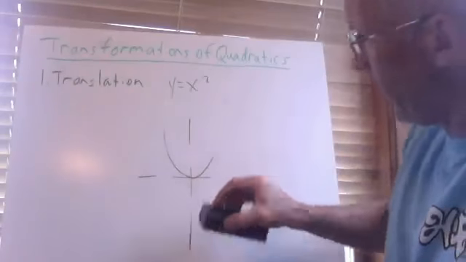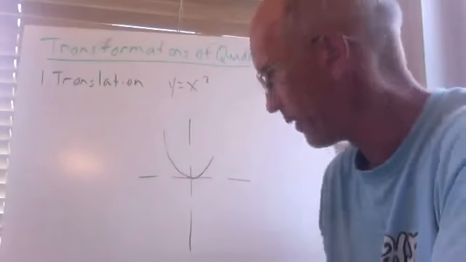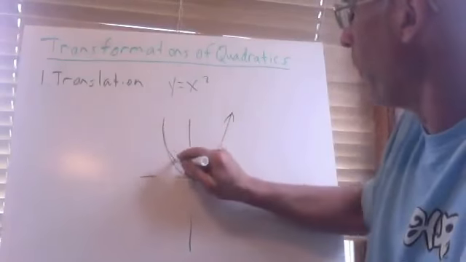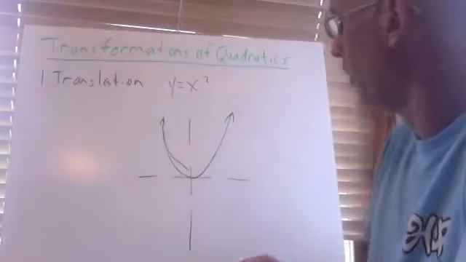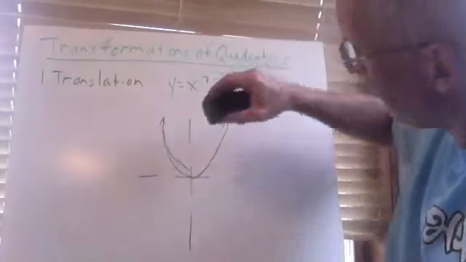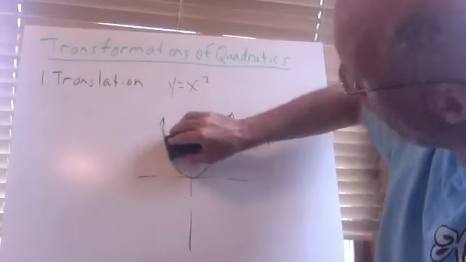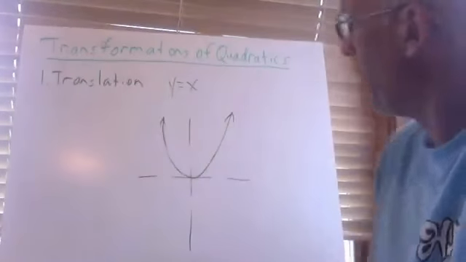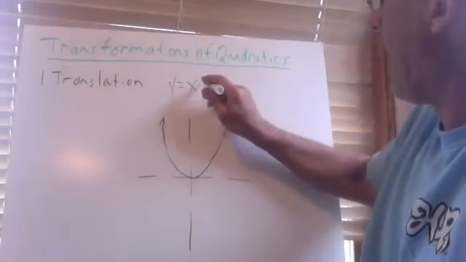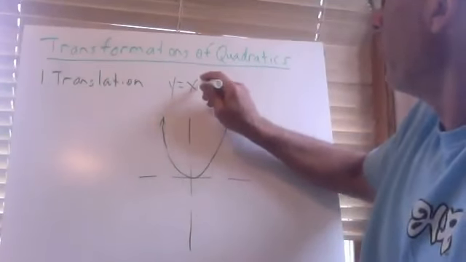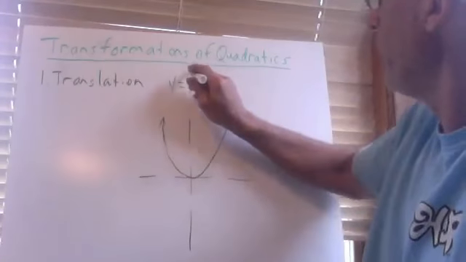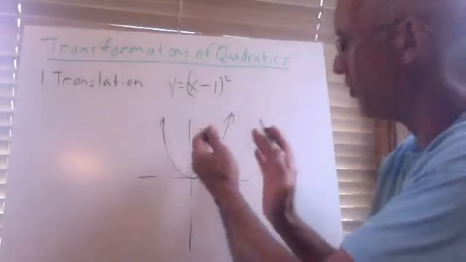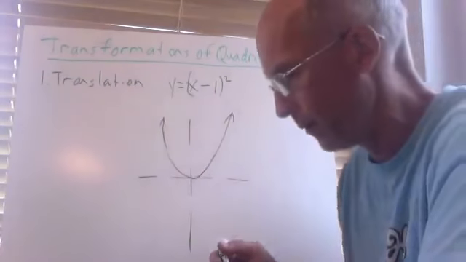If I want to take my original parabola and move it right or left, then what I do is I have to change this a little bit, and I'm going to either add or subtract here. If I subtract one and then I square it, I'm taking this and I'm shifting it to the right.